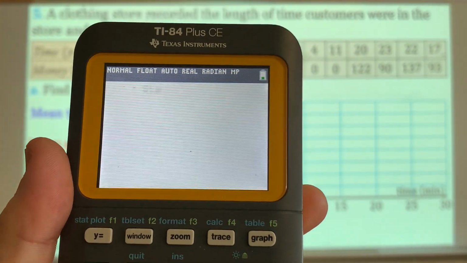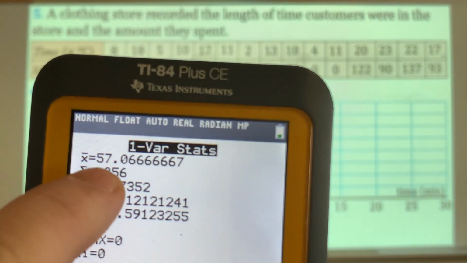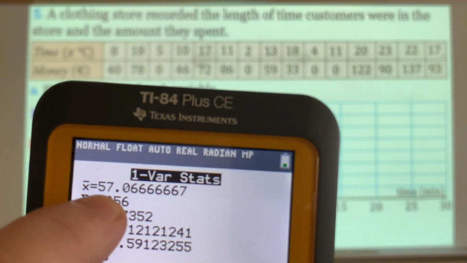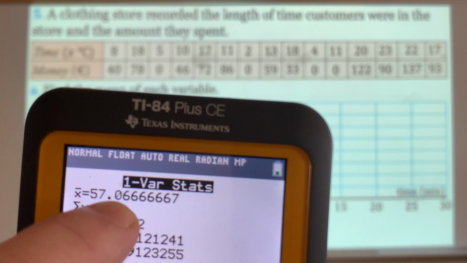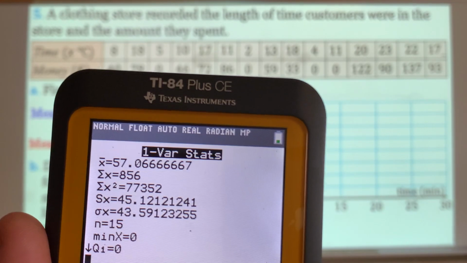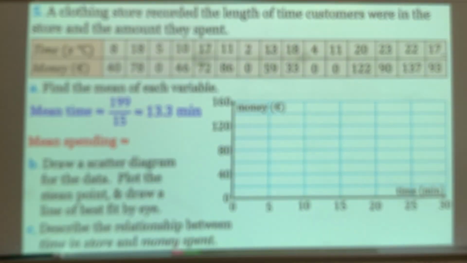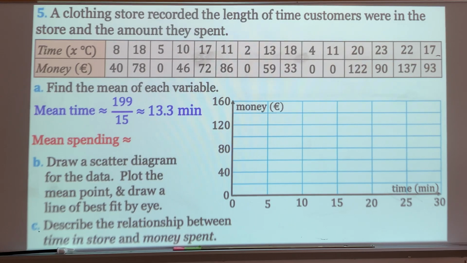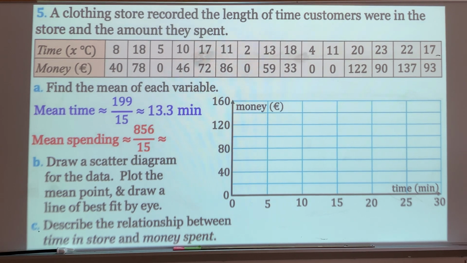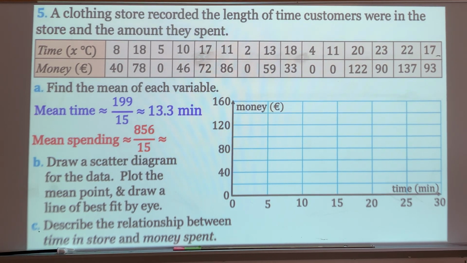Calculate, enter, and notice it is 57 point 0-something. Or the old-fashioned way, add all the numbers, get 856 divided by 15, and you get 57.07. I said 0.1, I should have said 07 because it's money.